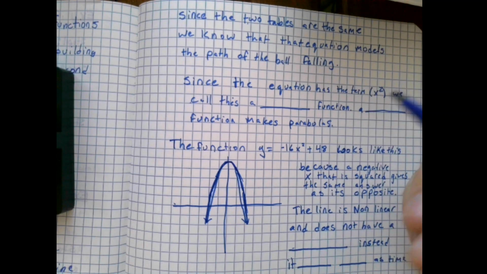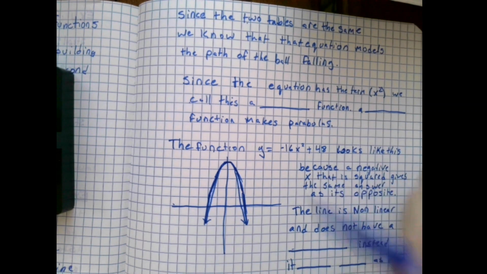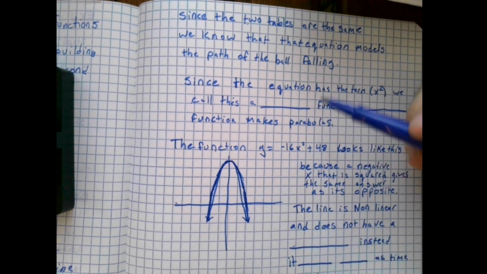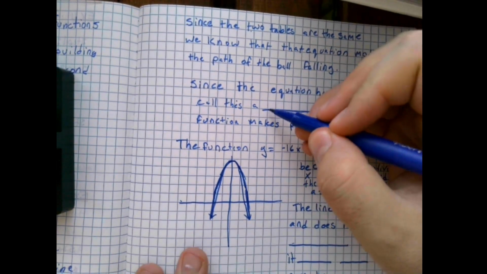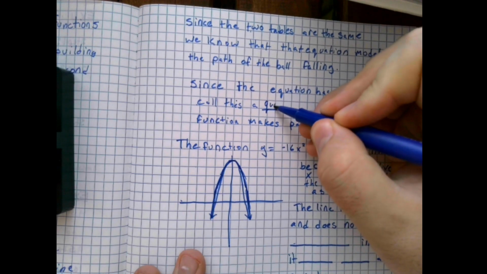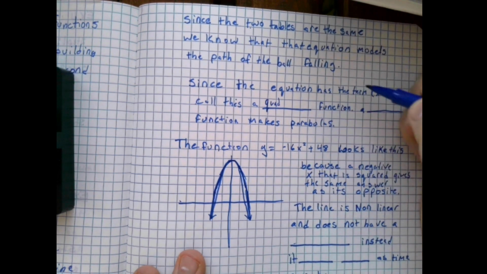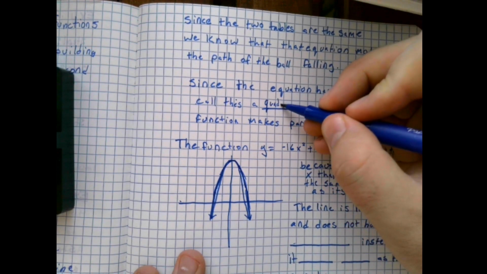Now, there is a resistance. Things that aren't shaped as nicely as a ball will fall slower in reality, but in a vacuum, they would fall at that rate. Now, since the equation has the term x squared in it, we call this a quadratic function. If the largest exponent is a power of 2, we call it a quadratic function.